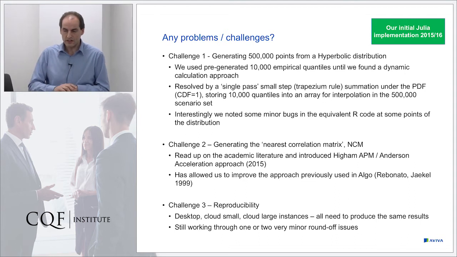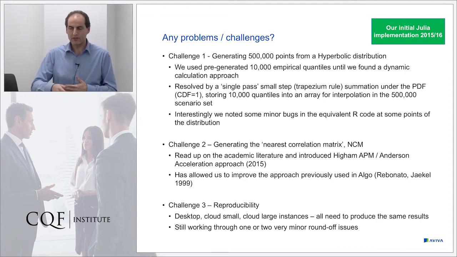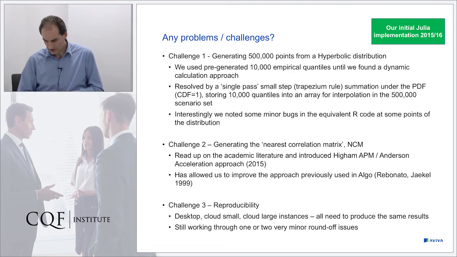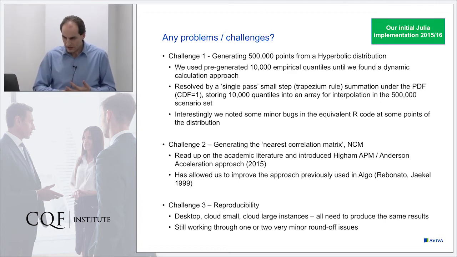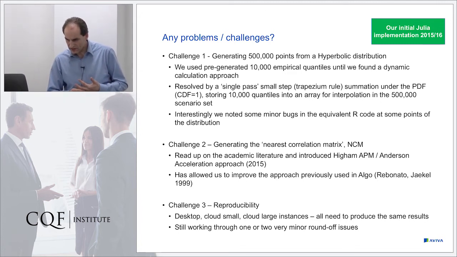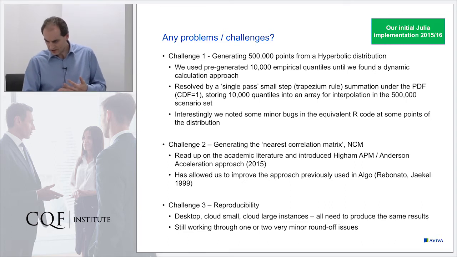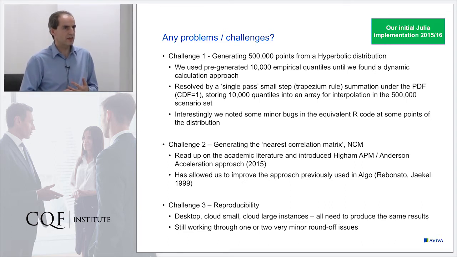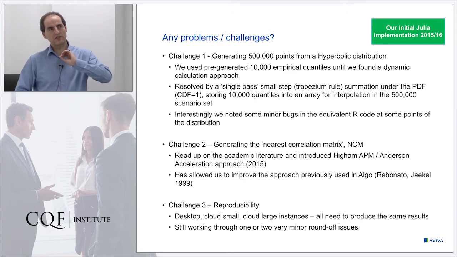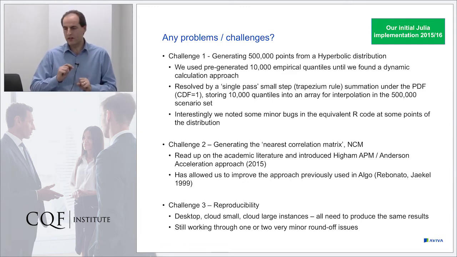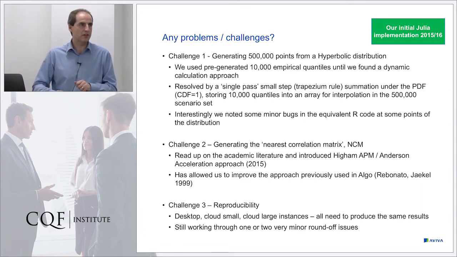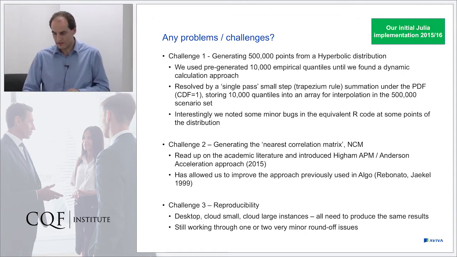The first was we sample a lot of distributions. I'll just take you back to the previous slide. That risk factor scenarios bit, the bit that takes 1 hour and 30 on Algo. If you're sampling a log normal or T-distribution, they're very quick. There are simple ways of getting a particular percentile from a CDF.